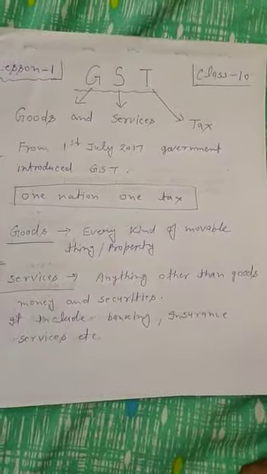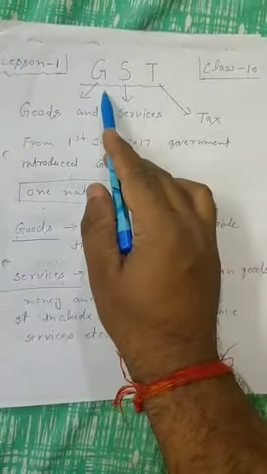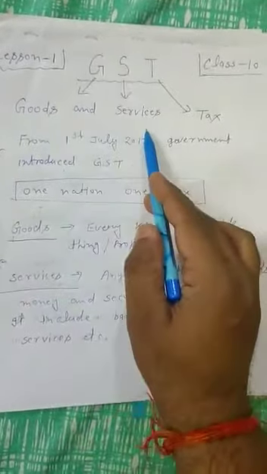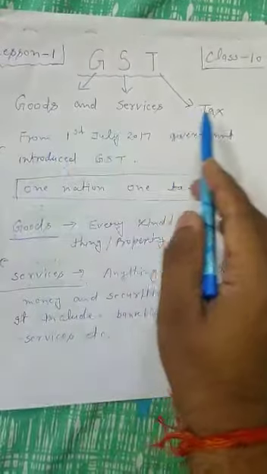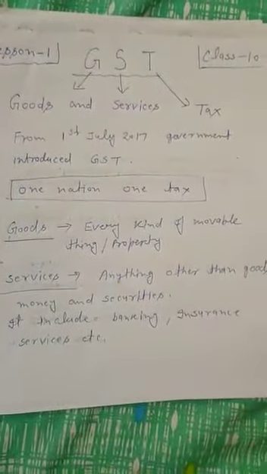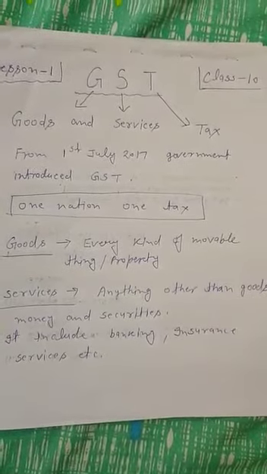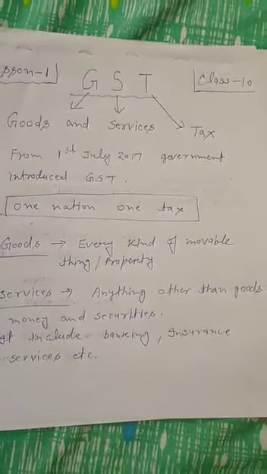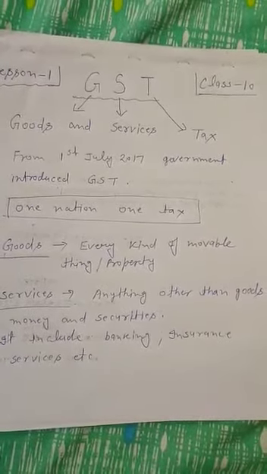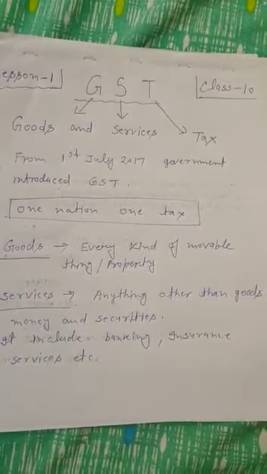Now your lesson name is GST. So G for goods, S for services, and T for tax. The full form of GST is Goods and Services Tax. Actually, before 1st July 2017, there were so many taxes in our India, like service tax, income tax, excise duty, customs duty.